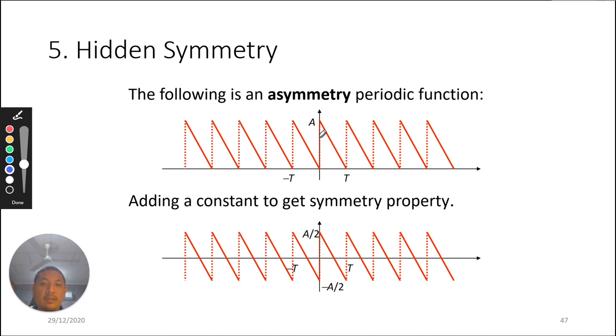For example here, if we shift the waveform vertically, from 0 to A, to negative half of A and plus half of A, right? So basically shift it down, to look like this. For example, if this is 2 and this is 0, now this is 1, this is negative 1. So now we can make it a symmetrical signal.